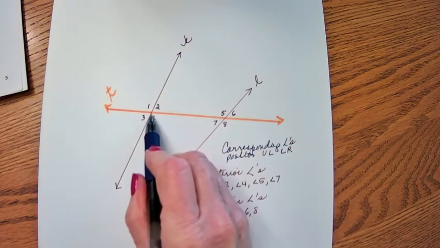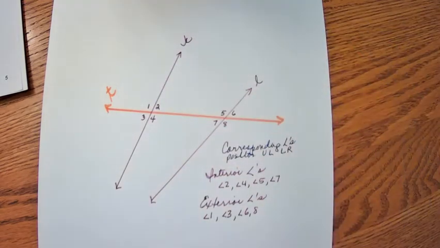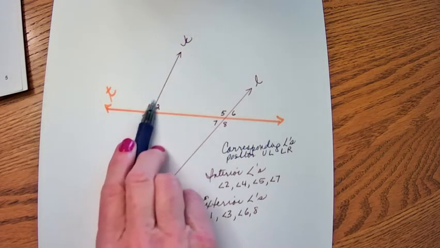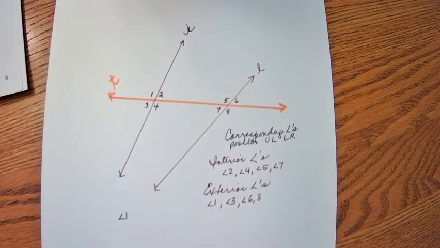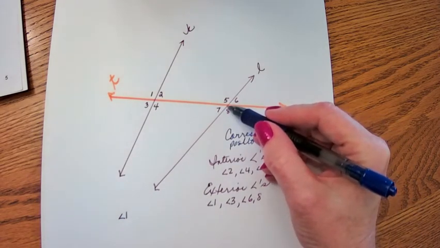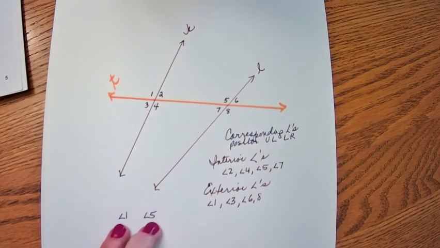So if we look at this intersection point, angle 1 is in the upper left position. Positionally from this intersection point, up and to the left is angle 1. And at this intersection point, angle 5 is up and to the left. So angle 1 and angle 5 are corresponding angles. They're in the same position.